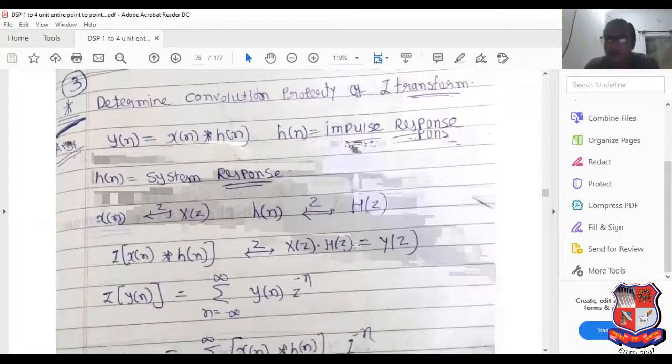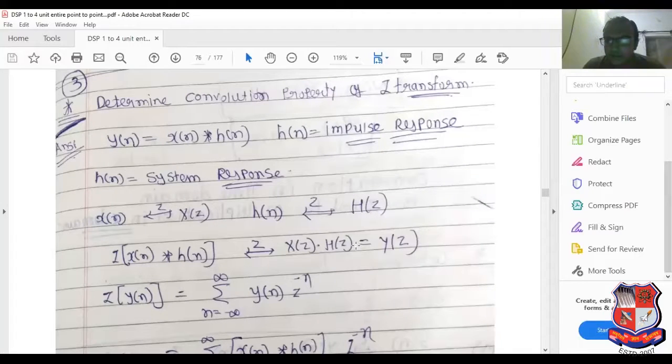Now see the convolution property, a very useful property from the examination point of view. y of n equal to x of n convolution with h of n. h of n means what? System response, or impulse response. What is the meaning of impulse response?